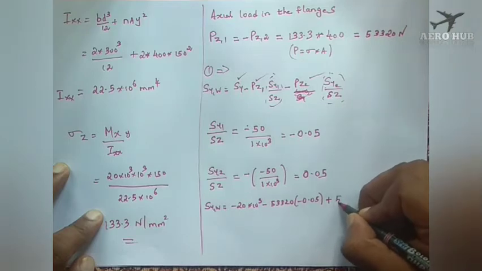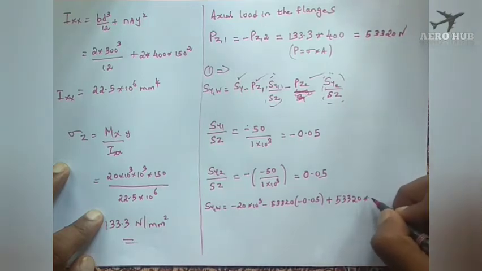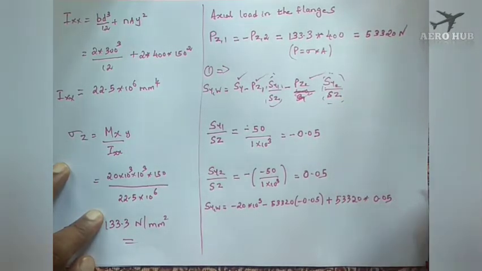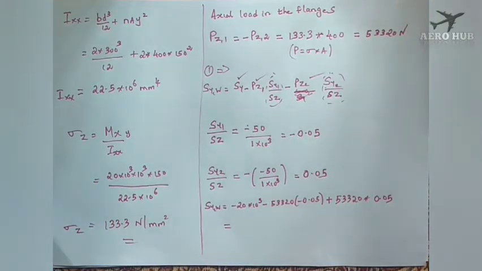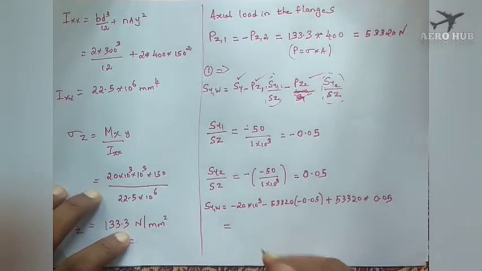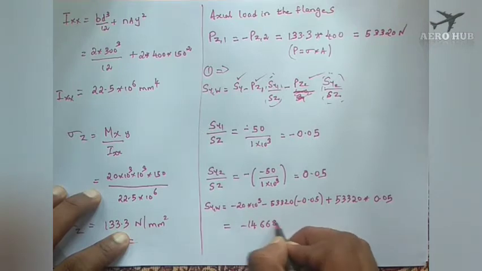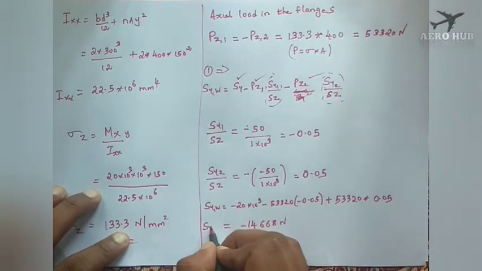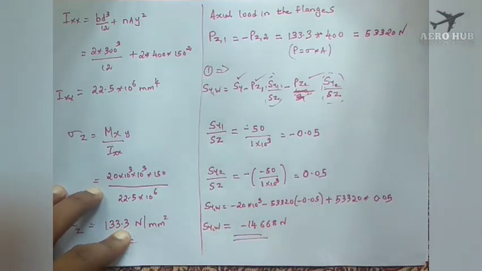This is 53320 into delta Y2 by delta Z, which is 0.05. While calculating, I will get the answer as minus 14668 Newton. This is the value of shear force of the web. So we got the value of shear force.